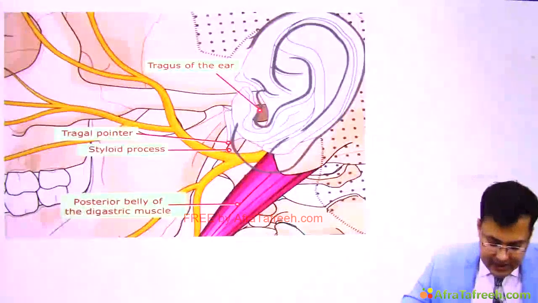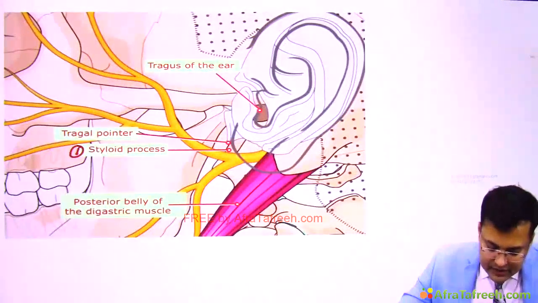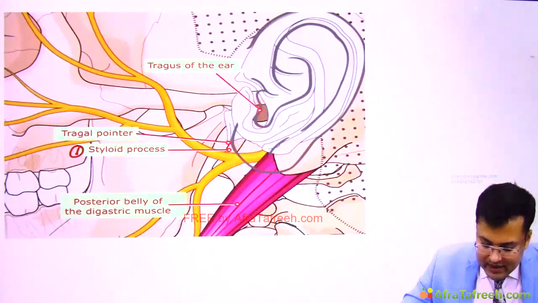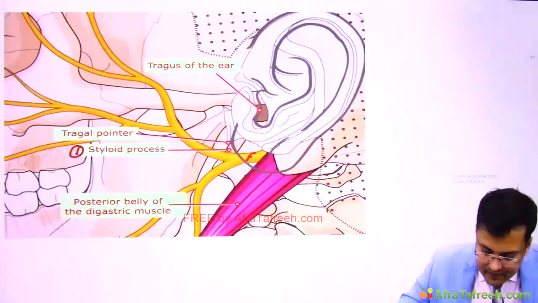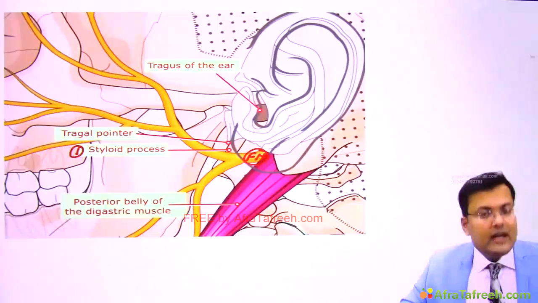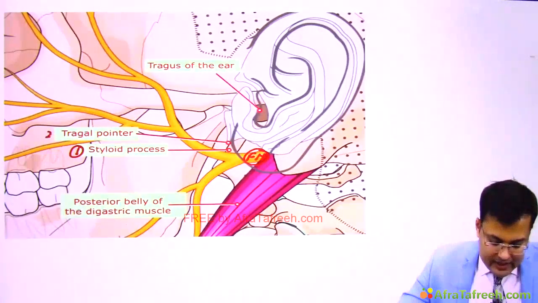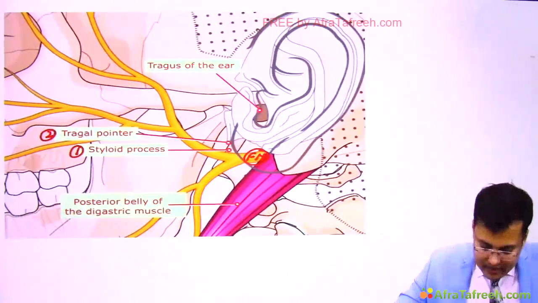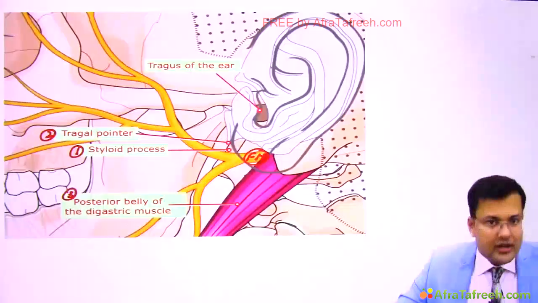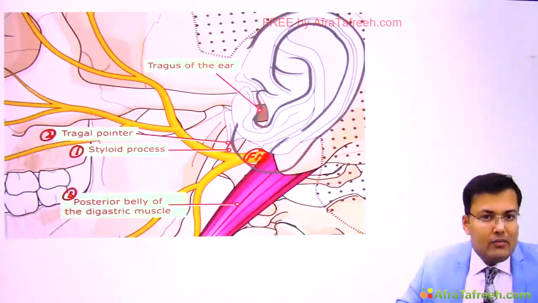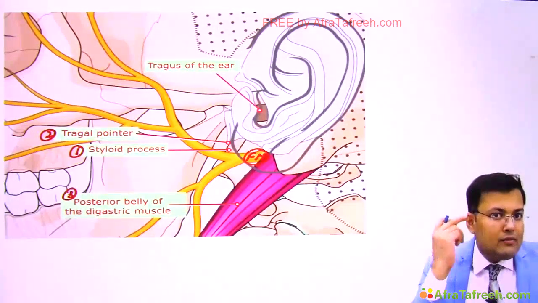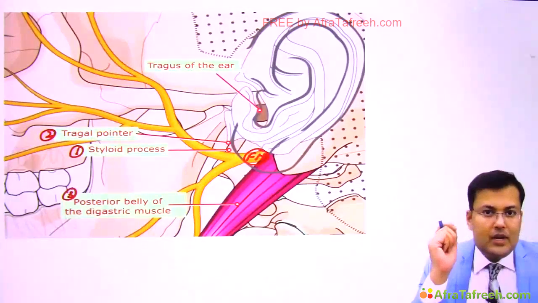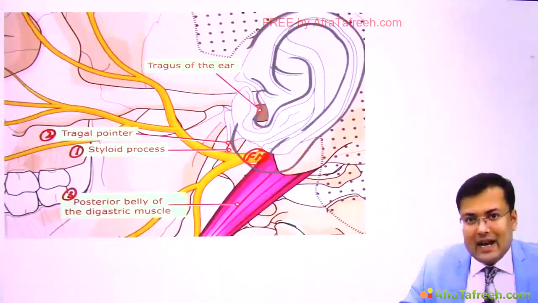If you see this picture, there is the styloid process. You can see it's a landmark, and this is the facial nerve. So see the relation. Styloid process. Tragal pointer, it's a landmark. Posterior belly of digastric. And there is the tympanomastoid suture, which is the most constant landmark.